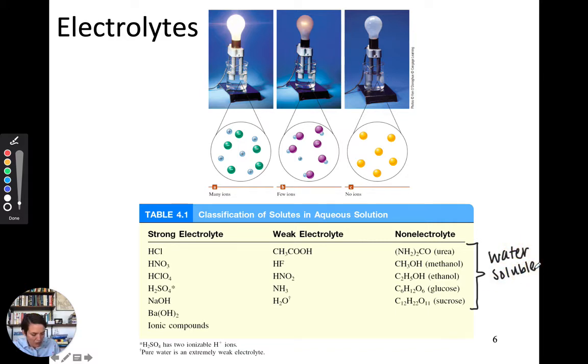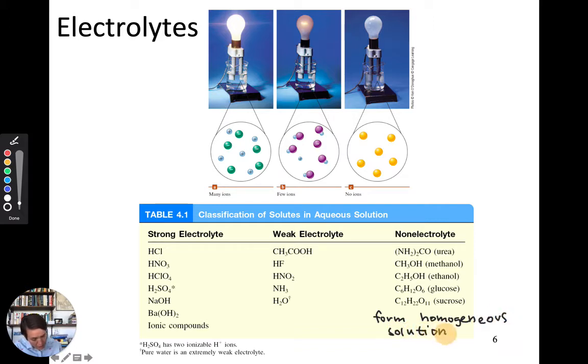Right, so what does it mean to be water soluble? It means that if you were to put a cube of sugar into water, it will dissolve. So it's going to form a homogeneous solution, so it does dissolve, like still dissolves like, but no ions are released in solution.